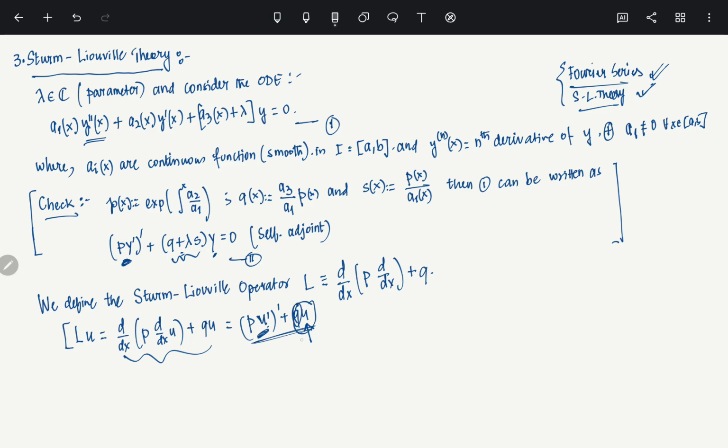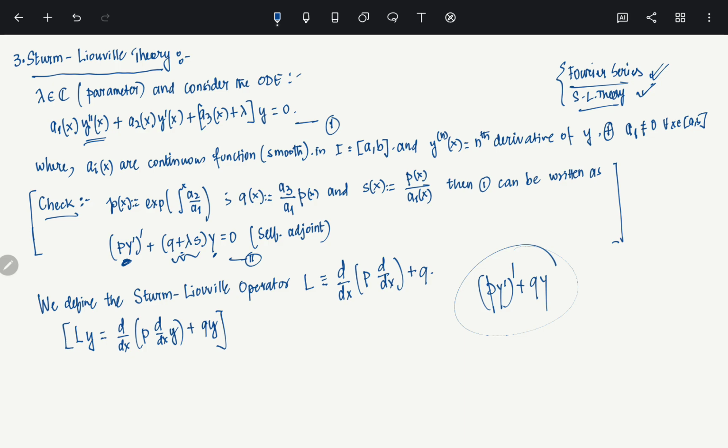So we define this operator: (p y prime) prime plus q y. You can write it as y also; it doesn't matter, same thing. That's your Sturm-Liouville operator, if you remember it.